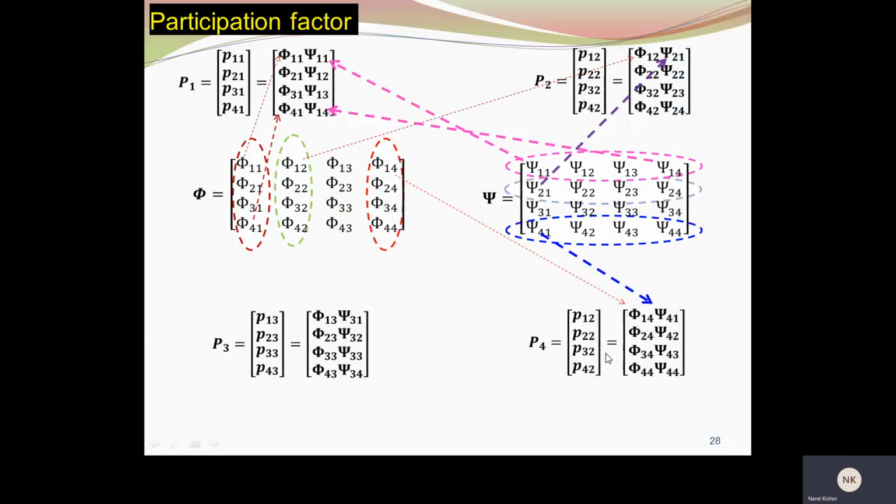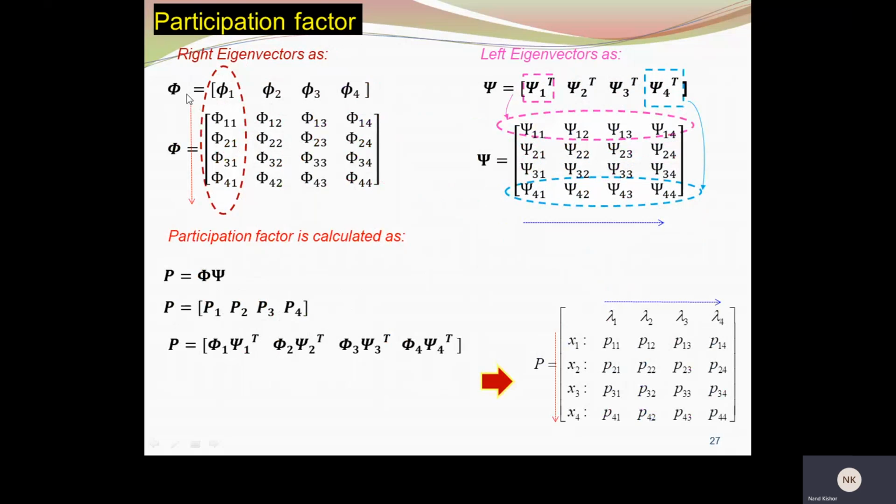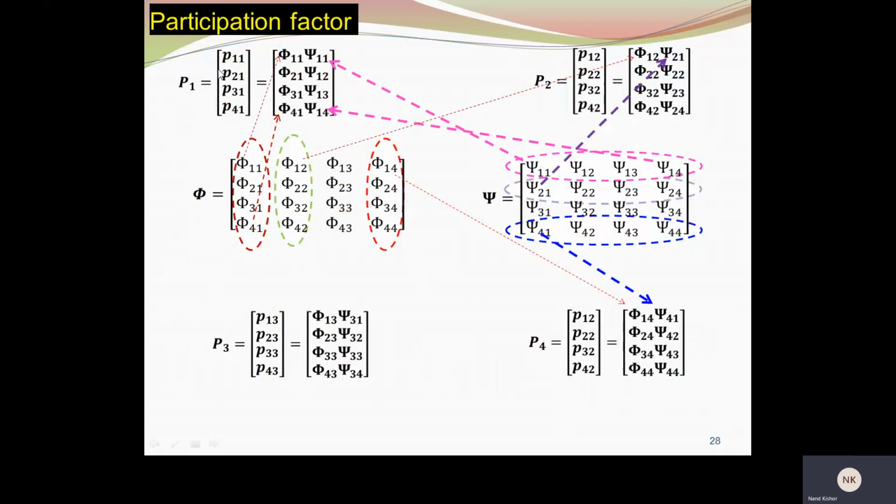With this, I again illustrate here. I want to discuss how we obtain P1. P1 is nothing but P11, P21, P31, P41, and that is the product of the right and the left eigenvectors.